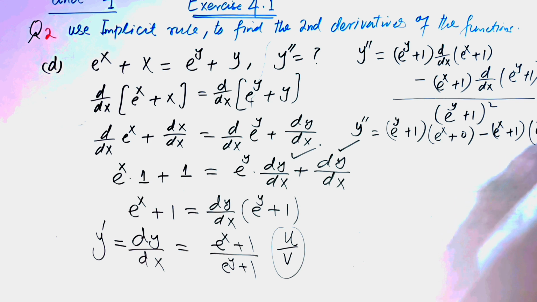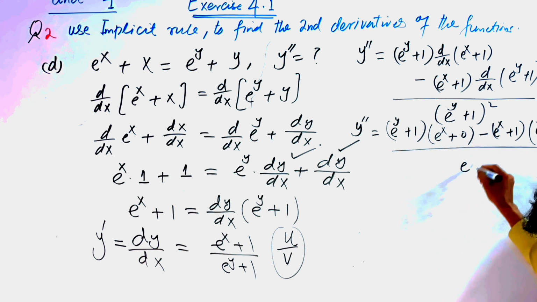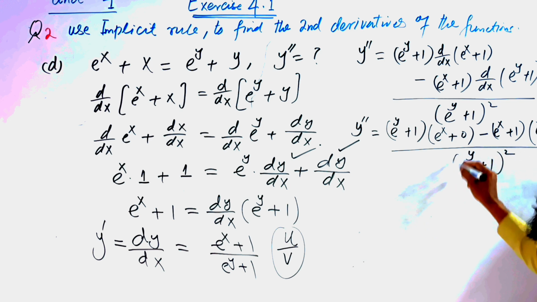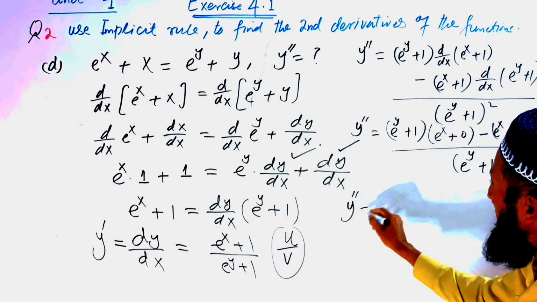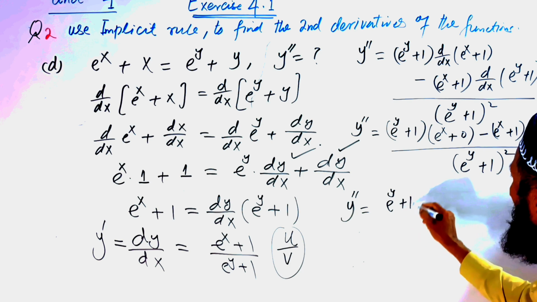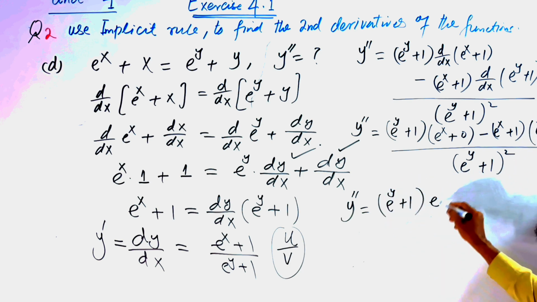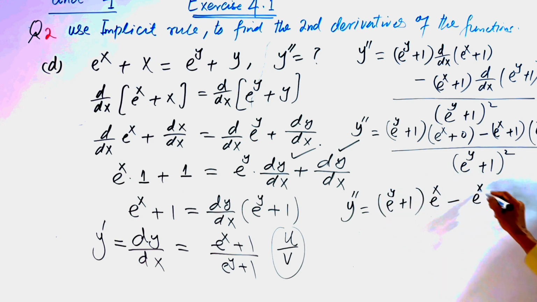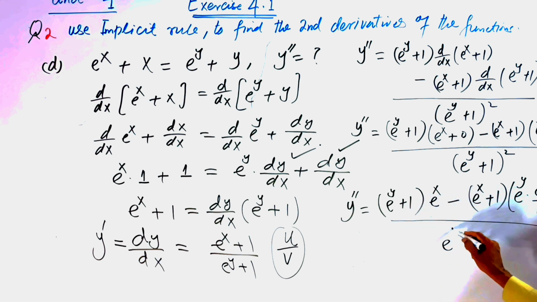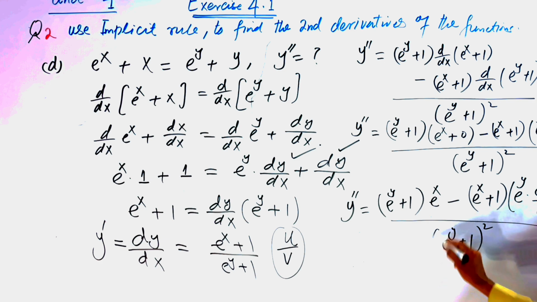We put in the result for dy by dx, e power x plus 1 over e power y plus 1, all divided by e power y plus 1 whole square.